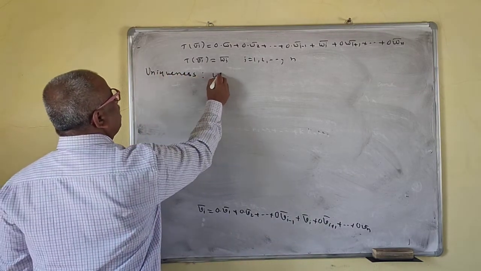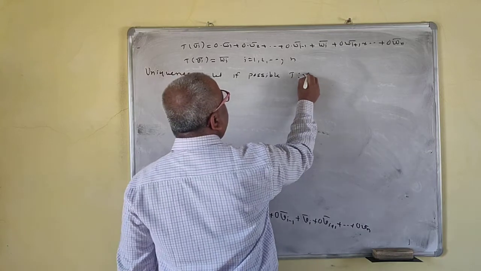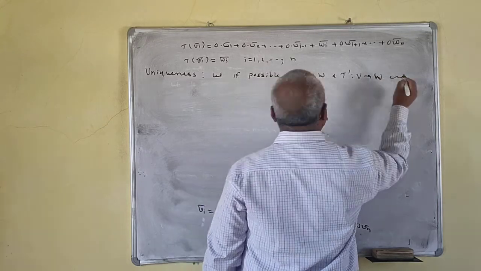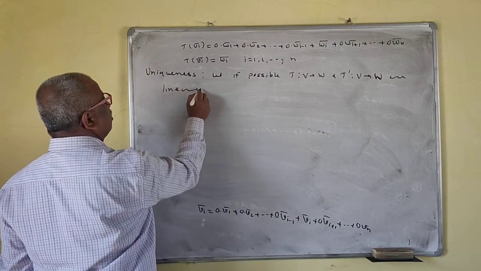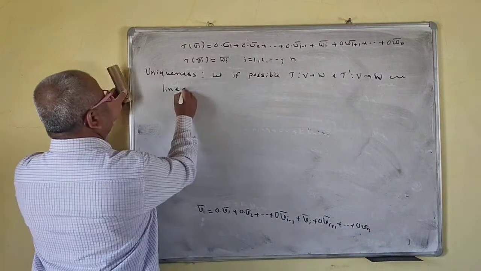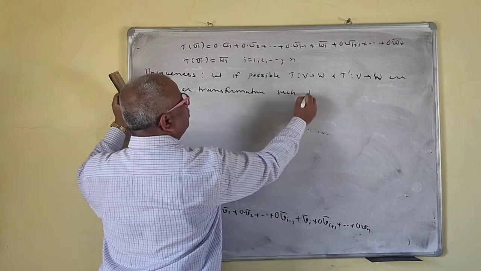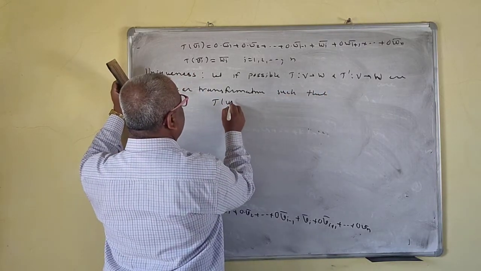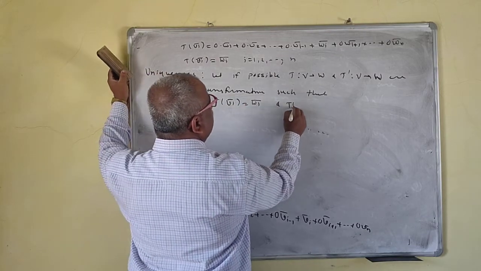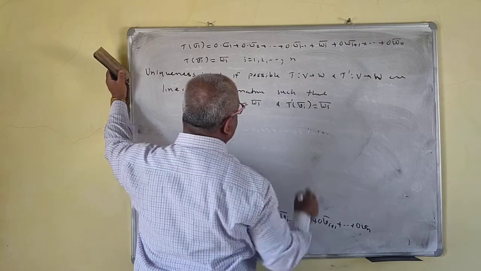Uniqueness. Let, if possible, T from V to W and T prime from V to W are linear transformations such that T of Vi bar is equal to Wi bar and T prime Vi bar is same as Wi bar.